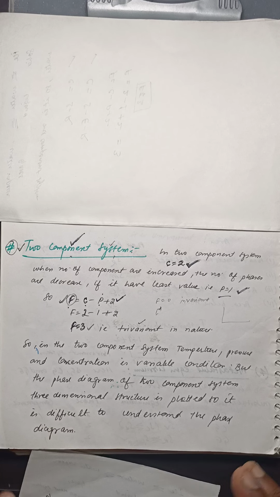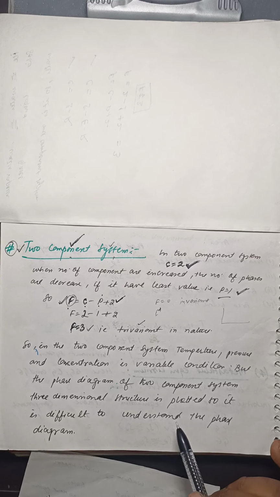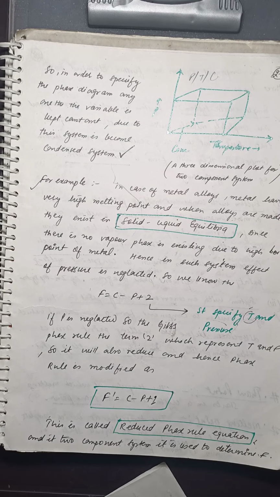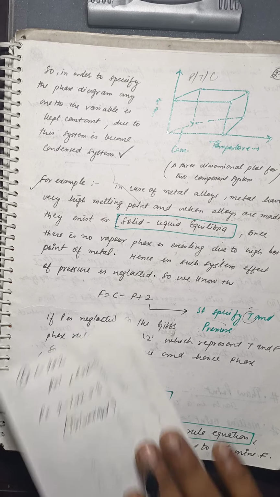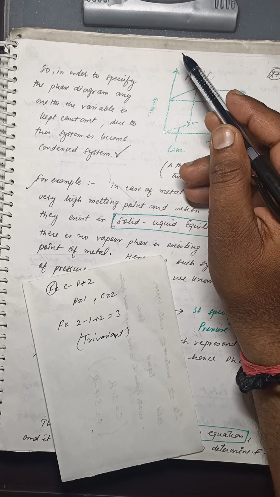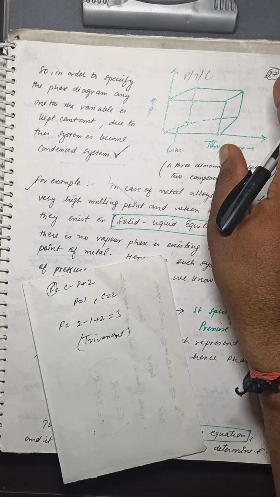But the phase diagram of the two component system has a three-dimensional structure, so it is difficult to understand. Along the x-axis temperature is variable, along the y-axis pressure is variable, and along the third axis composition of the component is variable.